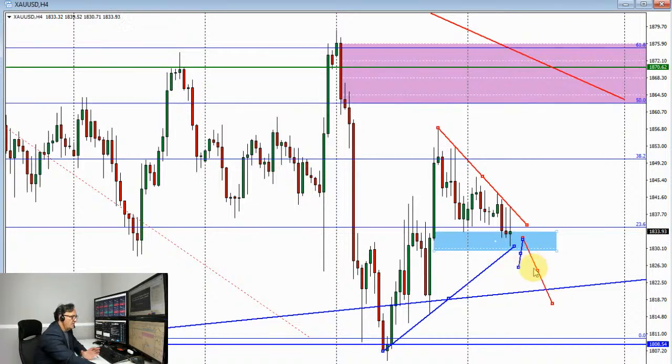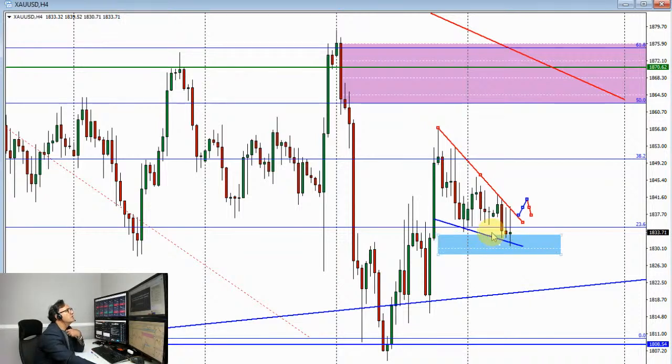So the confirmation for me would be a breakout above here, above 1837, 1840, and a close above that level. So something like that. So let's see.